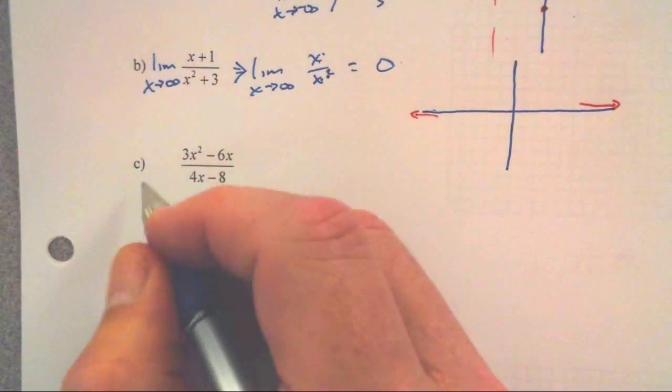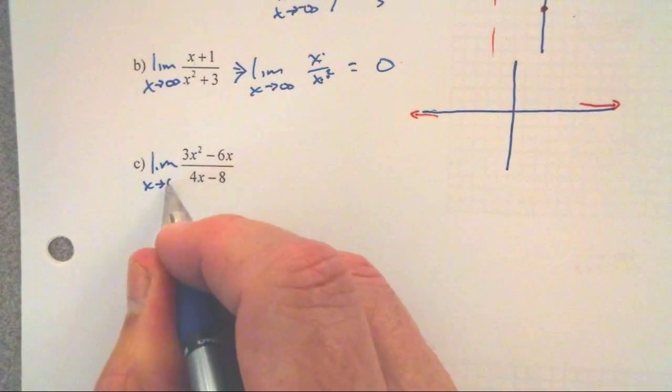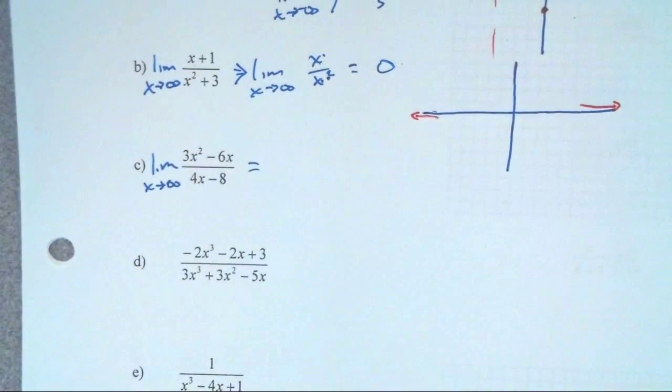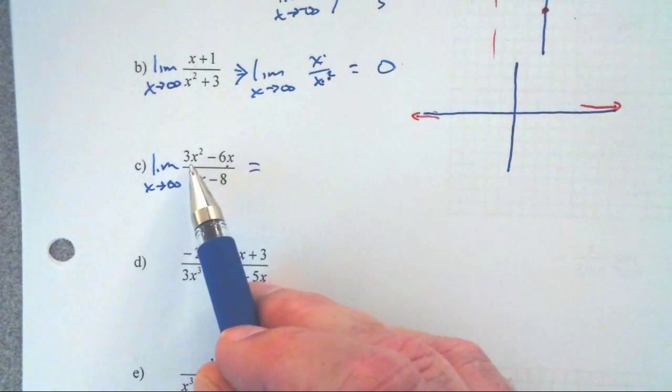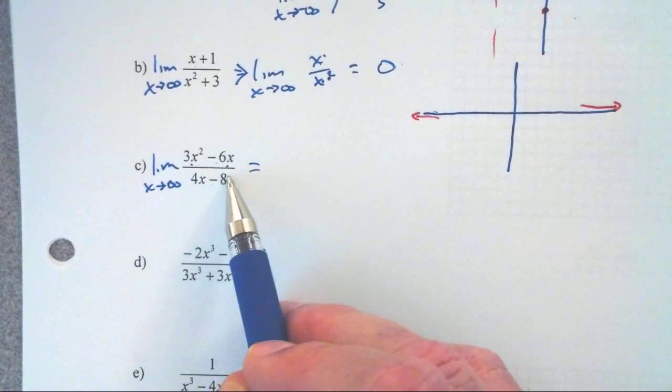Let's go limit as x approaches infinity. When x gets really huge, the 6x doesn't compete with the 3x squared, so it's relatively insignificant. The 8's insignificant.